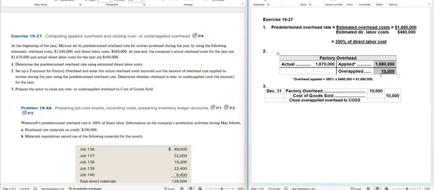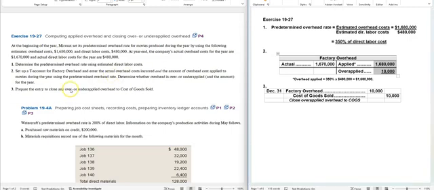One of the ways, and the simplest way, is just to adjust our cost of goods sold. Because if we had applied too much overhead, it means our product costs recorded in work in process were too high, which means our cost of goods manufactured that we transferred into finished goods was too high, which means our cost of goods sold was too high when we sold the inventory.